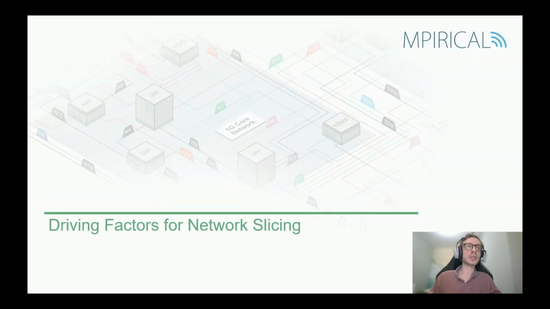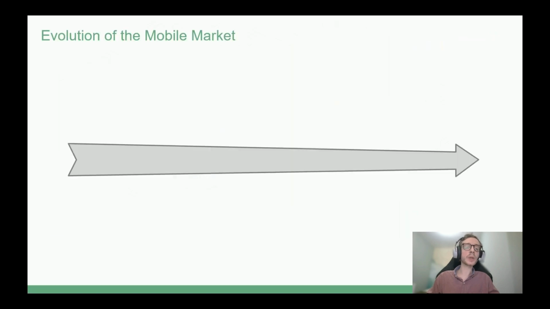So before we actually start this process of exploring network slicing, I think it's important to understand why network slicing is potentially being implemented by operators. And we can do that by looking at the evolution of the mobile market.